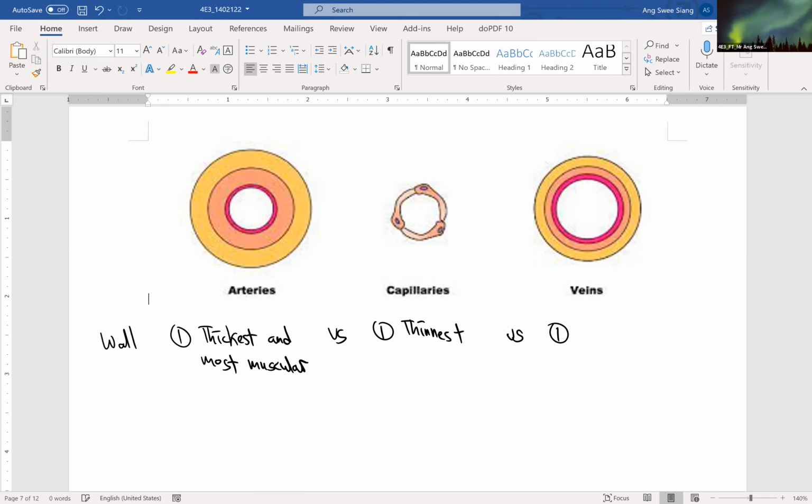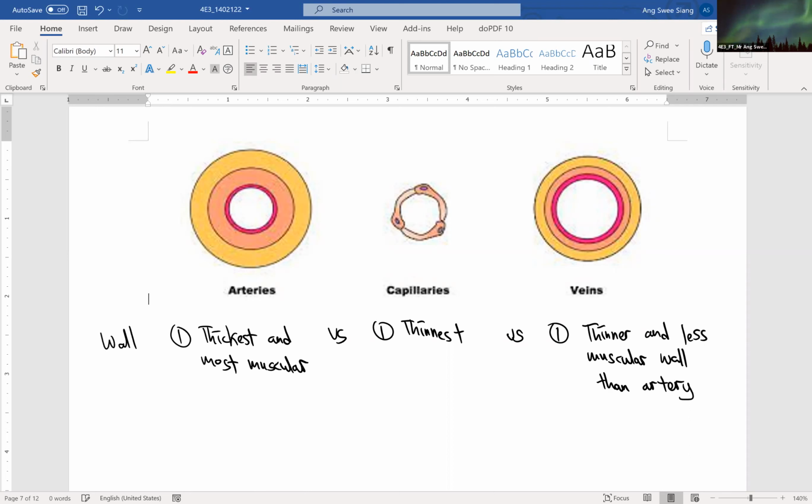A vein has a thinner and less muscular wall than an artery.